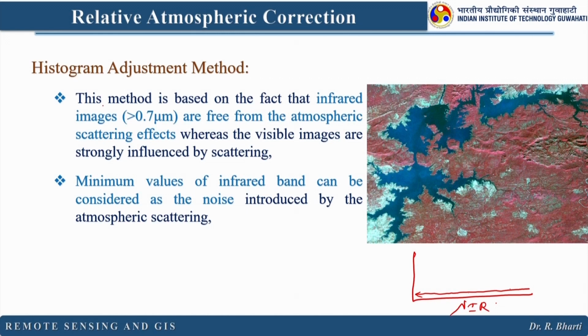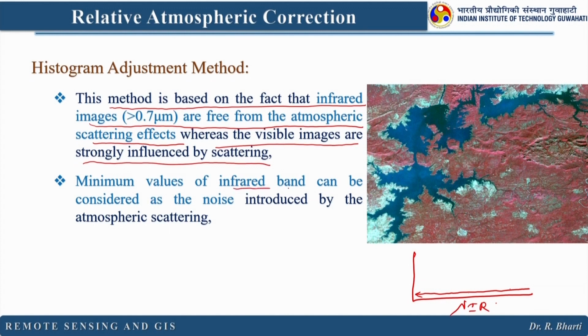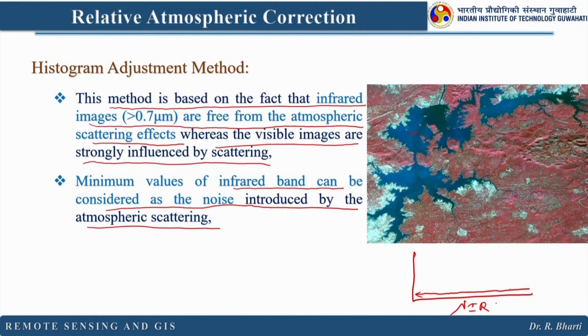That is why this method is based on the fact that infrared images are free from the atmospheric scattering effect, whereas the visible images are strongly influenced by scattering, right. So the minimum value of the infrared band can be considered as the noise introduced by atmospheric scattering. So if you have a water body in your area, you can take that value as contributed from the atmospheric scattering.